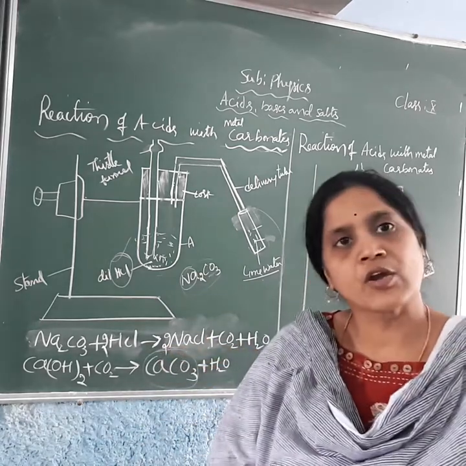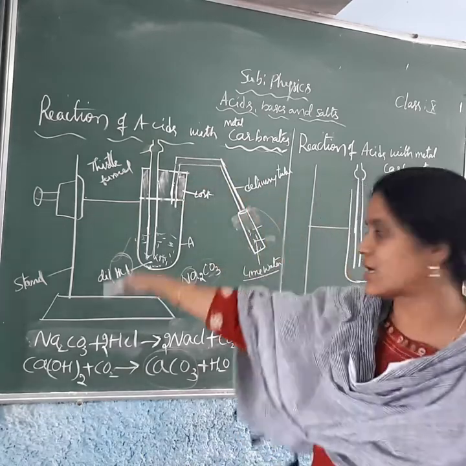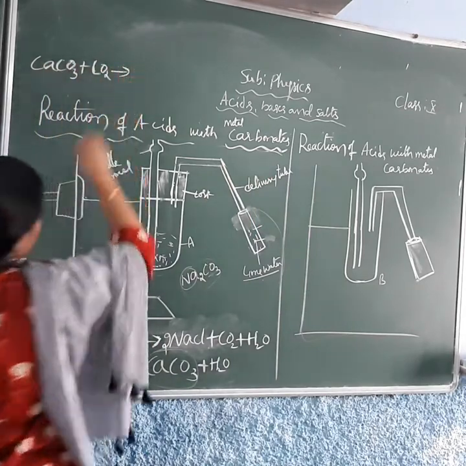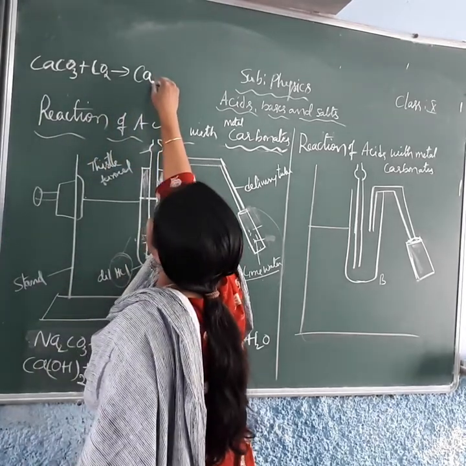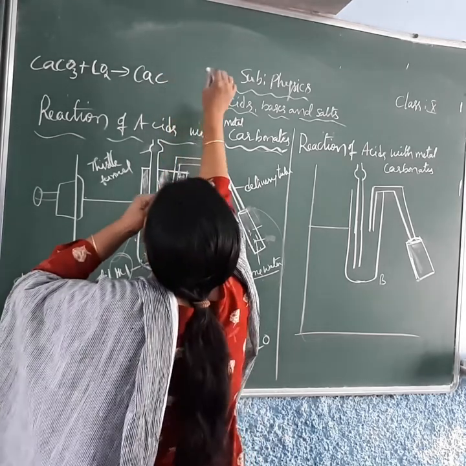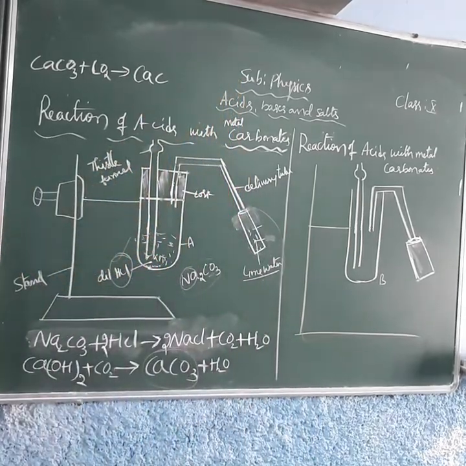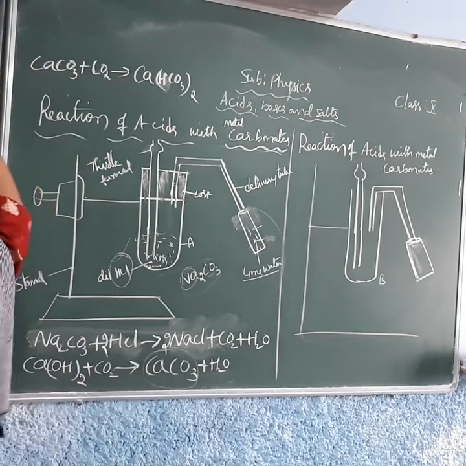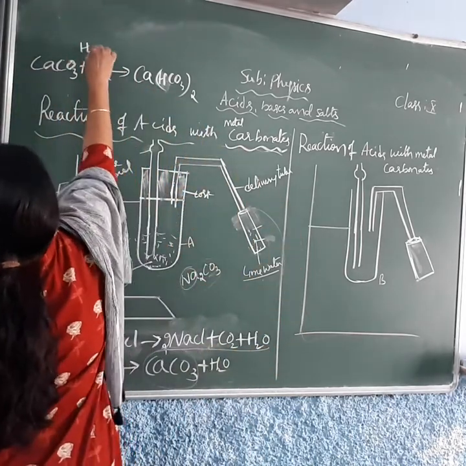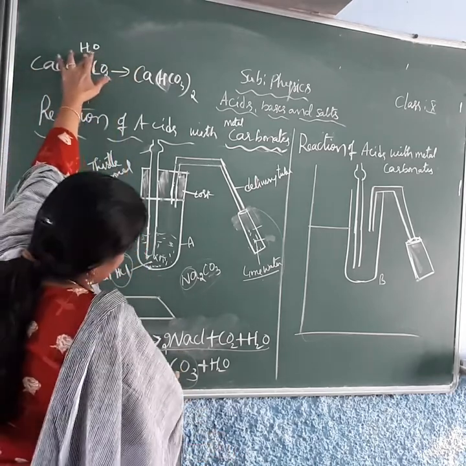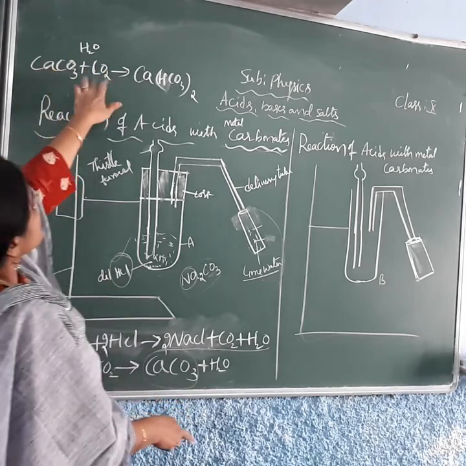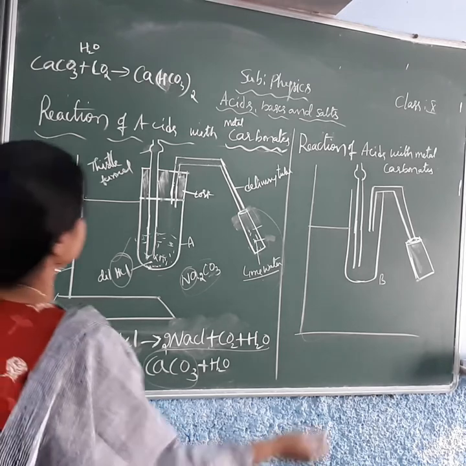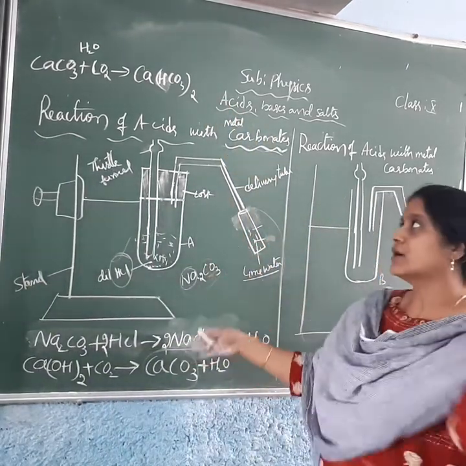If excess gas is still released into this calcium carbonate, let me check. CaCO3 with water and excess carbon dioxide gives the end product Ca(HCO3)2. Such reactions take place with metal carbonates.